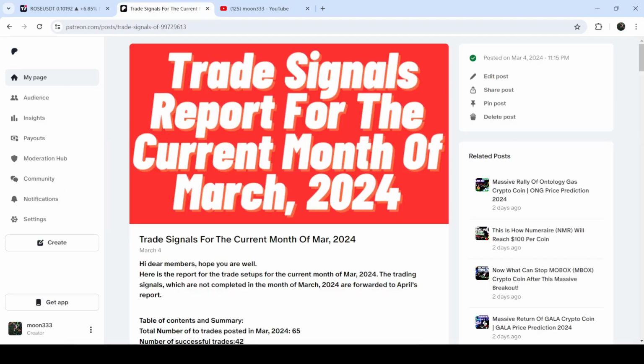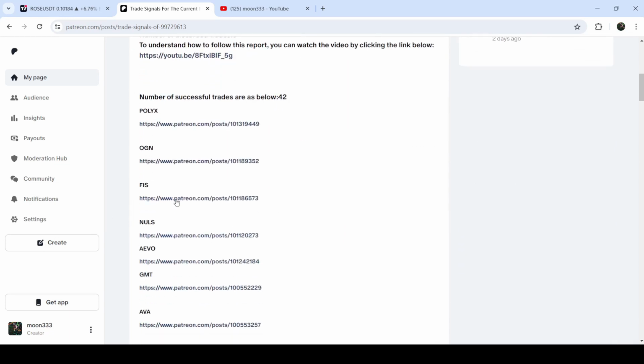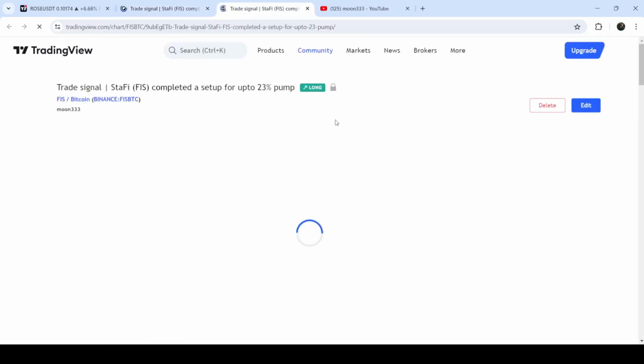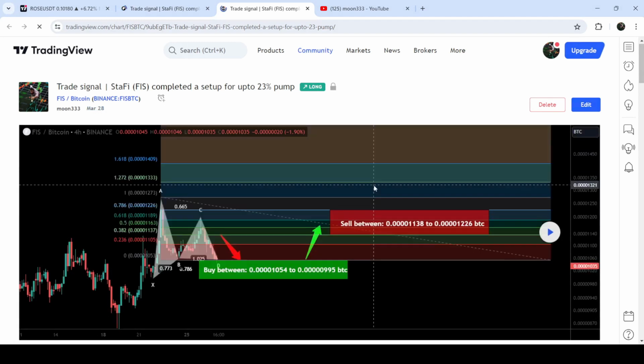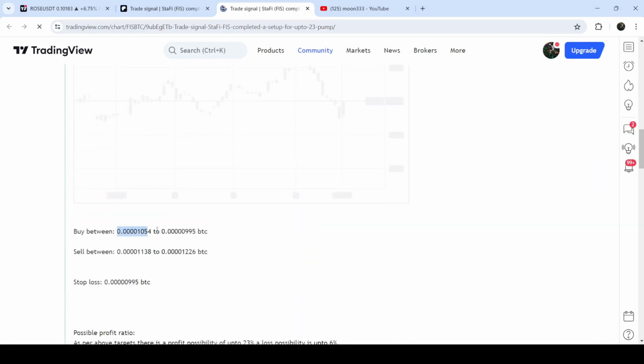You just need to open that report. And if you would like to check or verify any trading signal, like this is the trade setup for FIS, you just need to click on the link for the trade setup, and it will take you to the TradingView chart. And on this chart, you can see when I shared this signal. For example, in this case, I shared this signal on 28th of March 2024, and you can also watch the complete trade setup as well. Like this was the buying range.